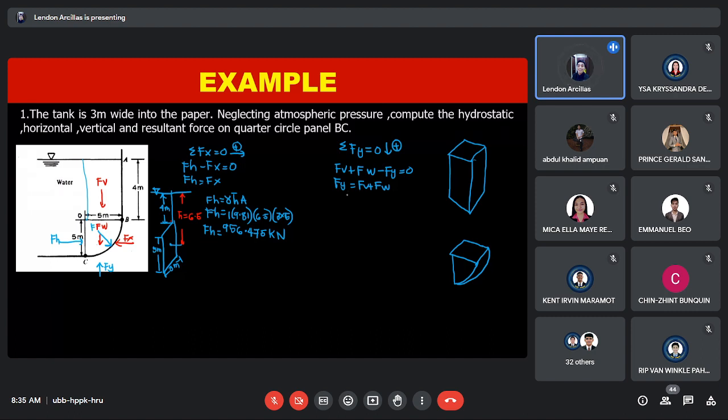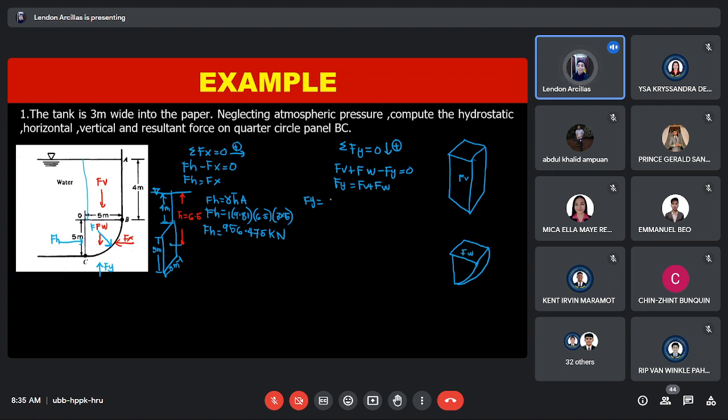So to find F_V and F_W, may formula tayo doon sa ating buoyancy, that the weight is equal to the specific weight times the volume. So this is F_V, this is F_W, right?